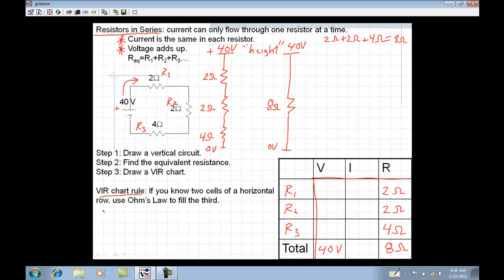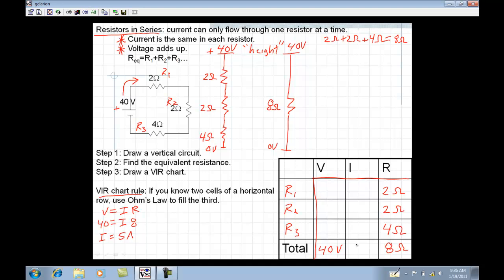Okay, so if I use V equals IR, I can fill out V there as my total, because I know I got 40. My current is my unknown. R is 8. So my current must be what? Okay, so my current must be 5, and the units for current is amps.